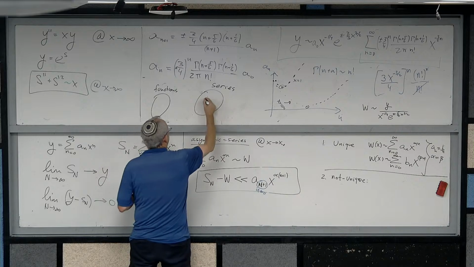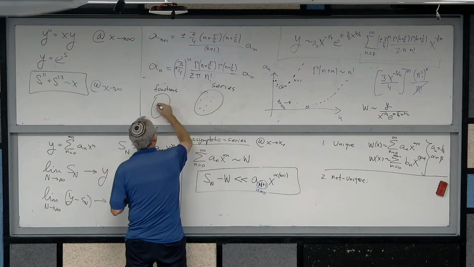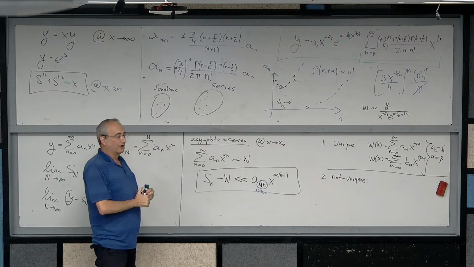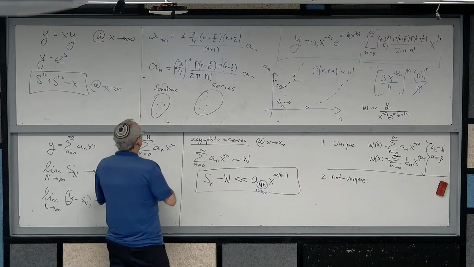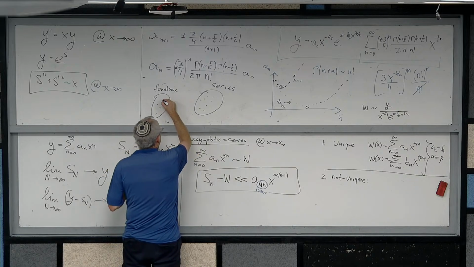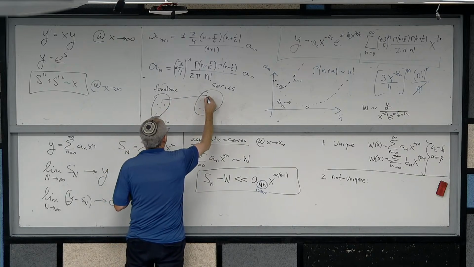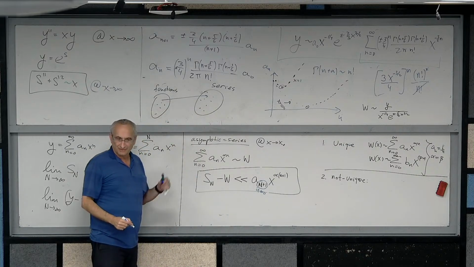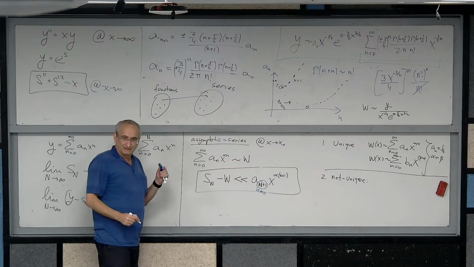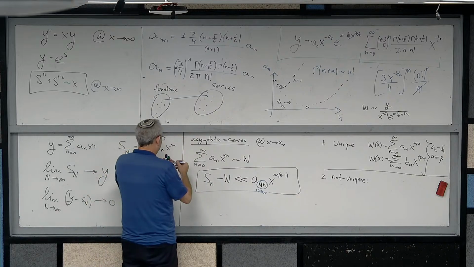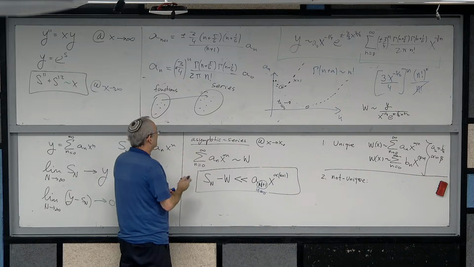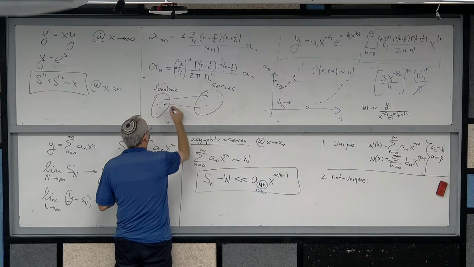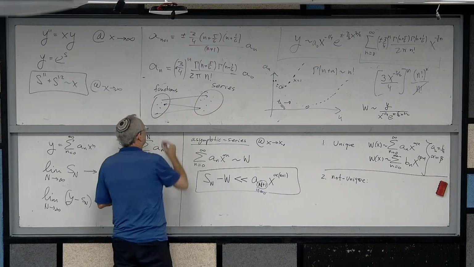These are different series, and these are different functions. For every function, there is only one series. You can't have another arrow to another series. However, one series may have more than one function. If this is an asymptotic series, it can be the asymptotic series of this function and also of this function.